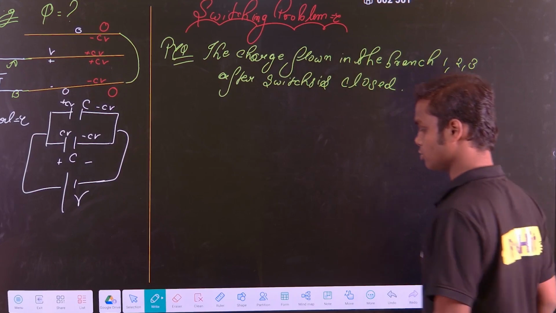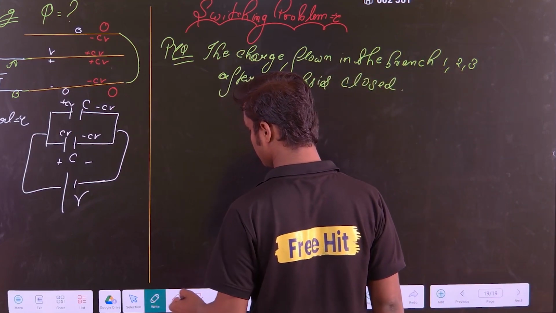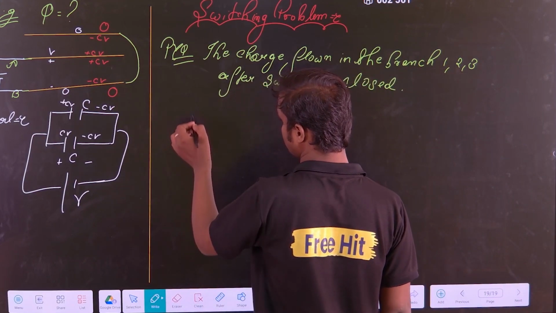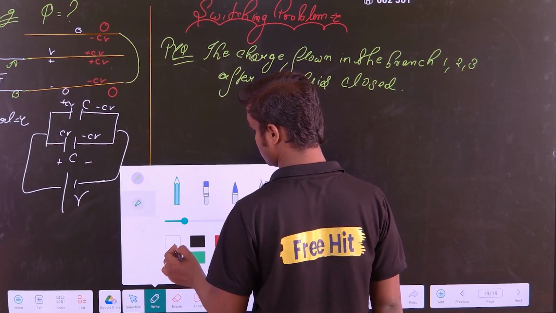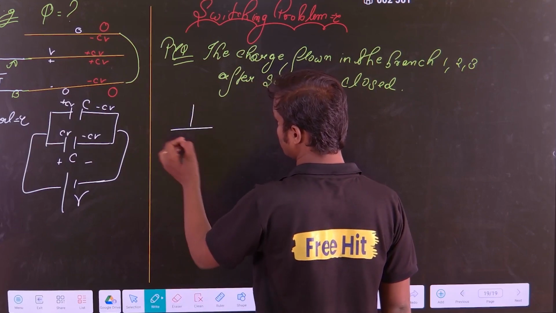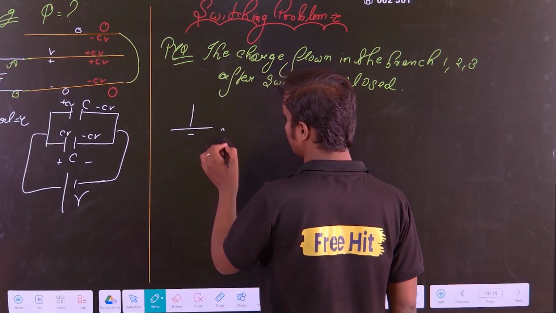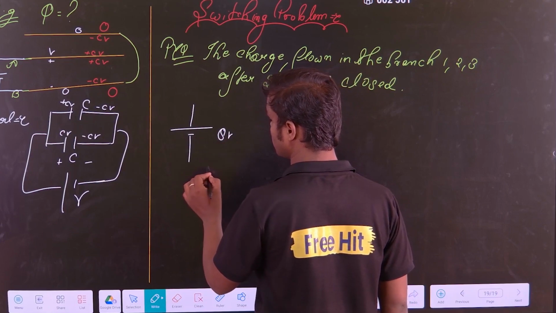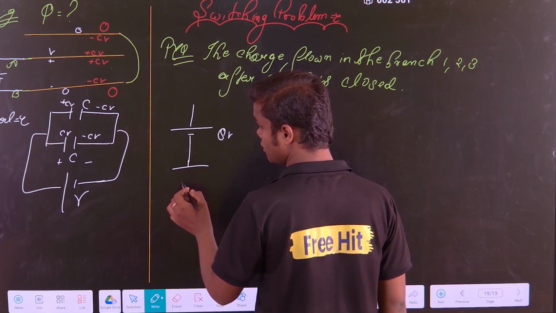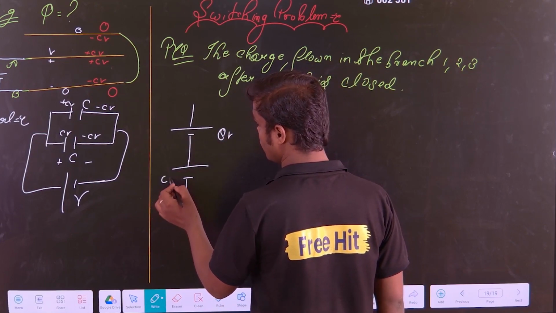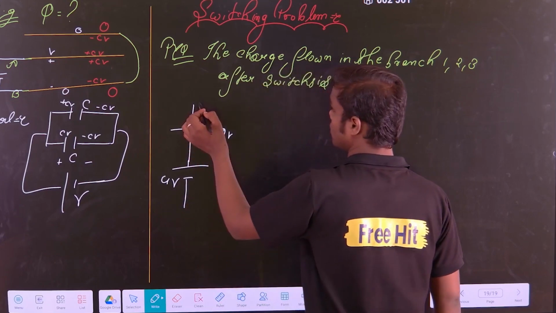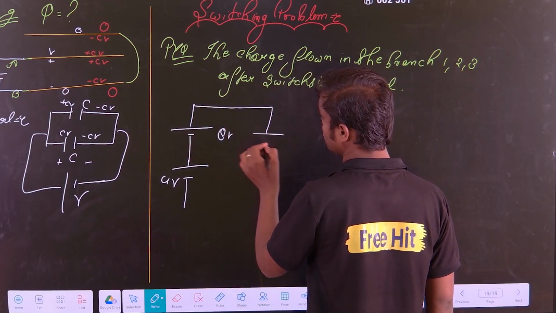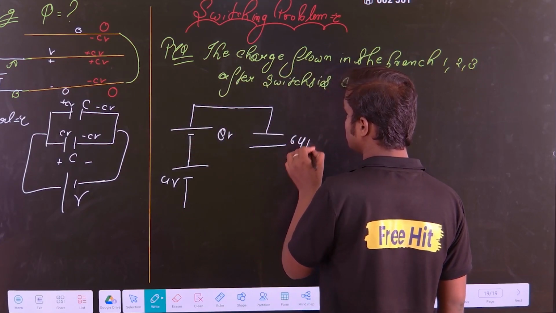So let us see the question first. What have they given? They have shown one battery of 8 volt, and then they have connected one more battery of 4 volt. They connected this with a capacitor of 6 microfarad.